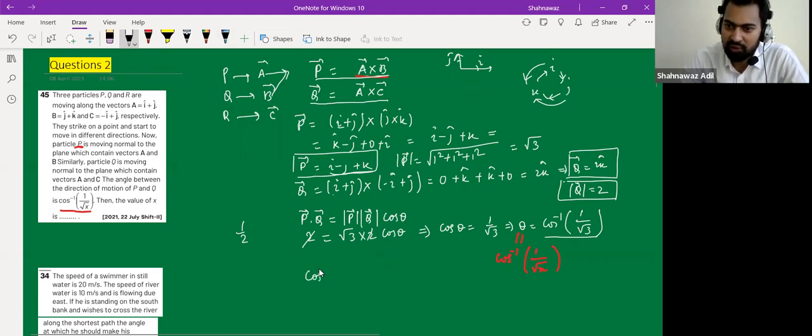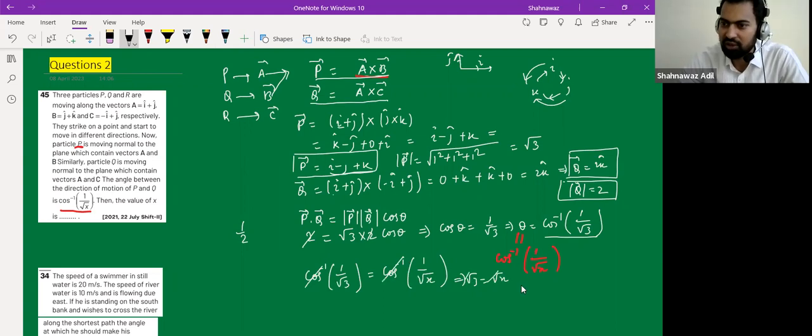Cos inverse 1 by root 3 is cos inverse 1 by root x, so this cancels. Root 3 is root x, so x is 3, right? Understood?